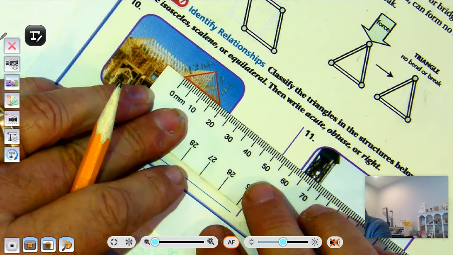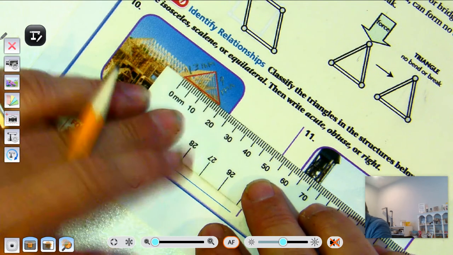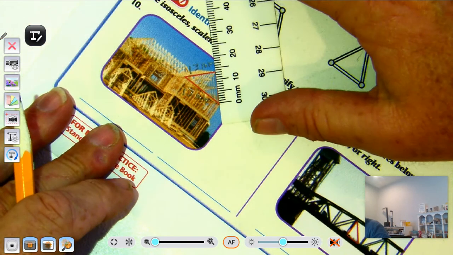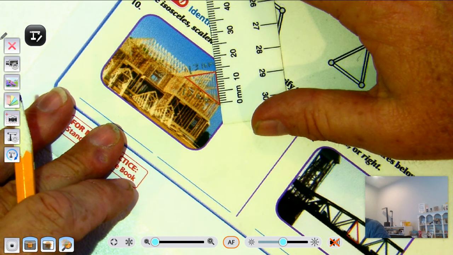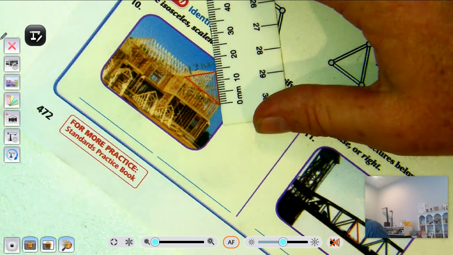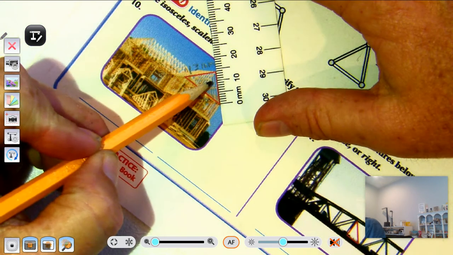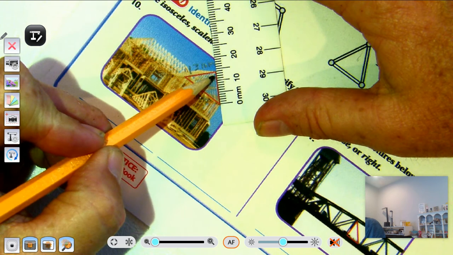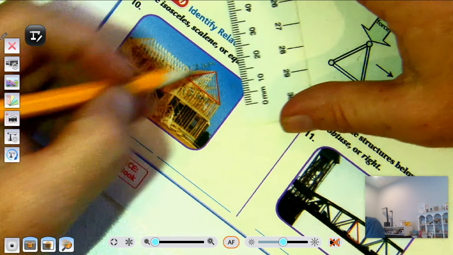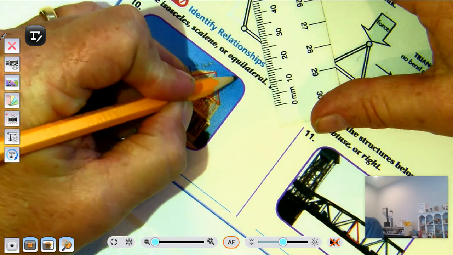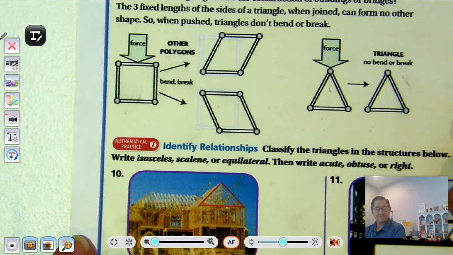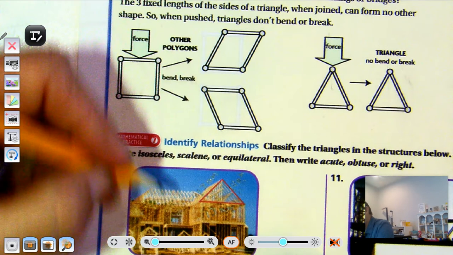And the base is also about 13 millimeters. Oh, sorry. I measured the first side wrong. The first side is 10, 11, about 14. All the angles are less than 90 degrees. So this is an isosceles right triangle.